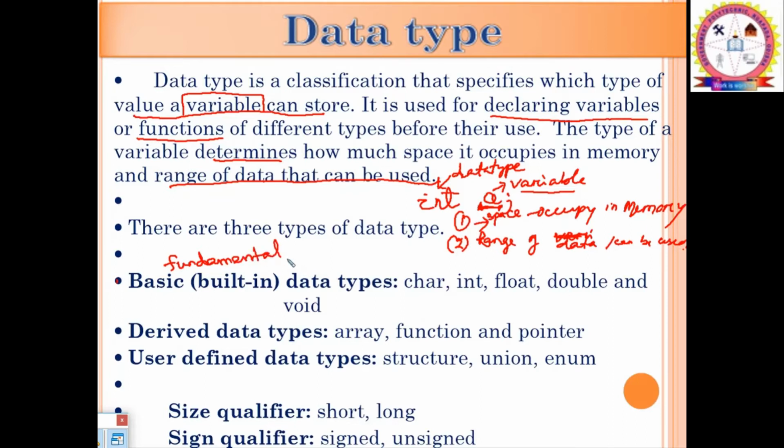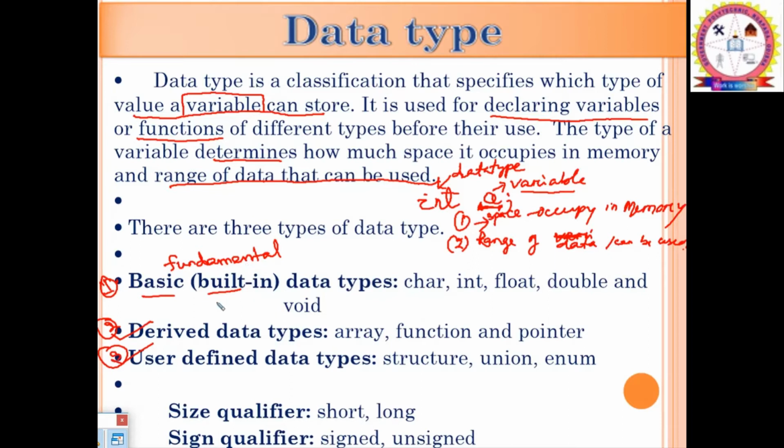The second category is called derived data types, and the third category is user-defined data types. So the three categories are basic data types, derived data types, and user-defined data types.